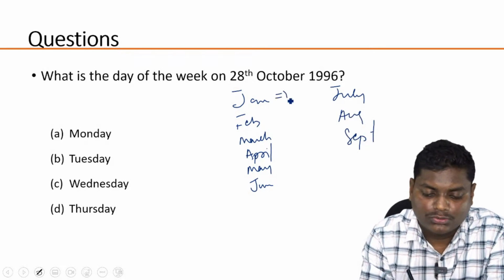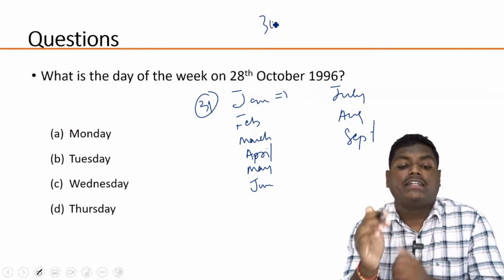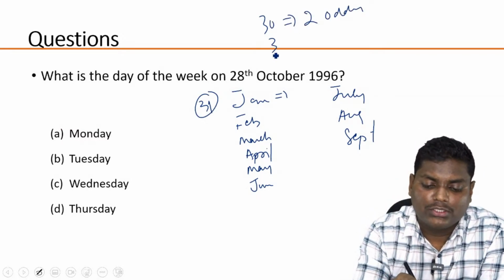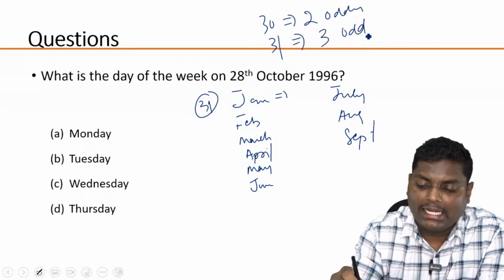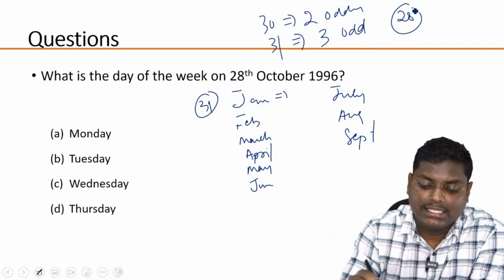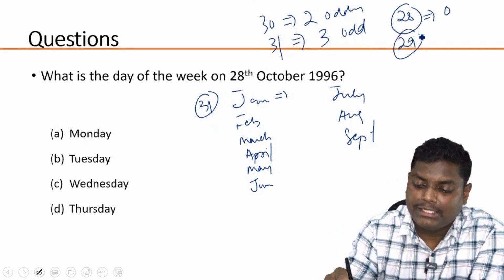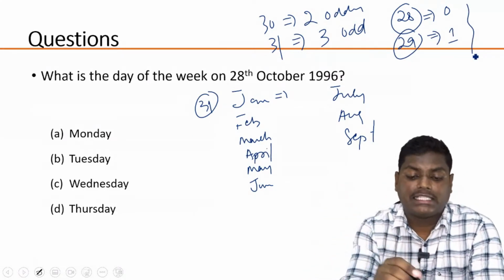If a month has 30 days, there will be 2 odd days. For a month of 31 days, there will be 3 odd days. If it is February and 28 days, that will be 0. And if it is 29, the leap year, then the number of odd days in February will be 1. Keep these things in mind.